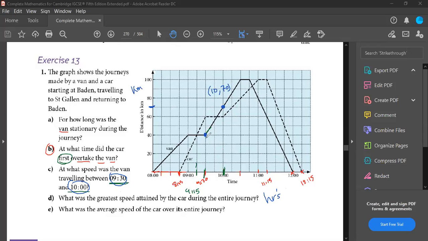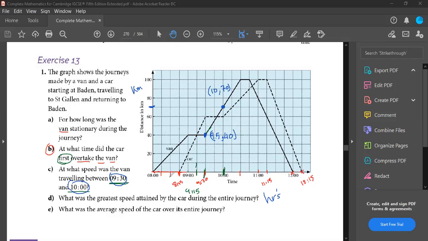And the second point is this point at 9:30. How can we express this in math? 9:30 we could say 9.5, and the speed was 40.